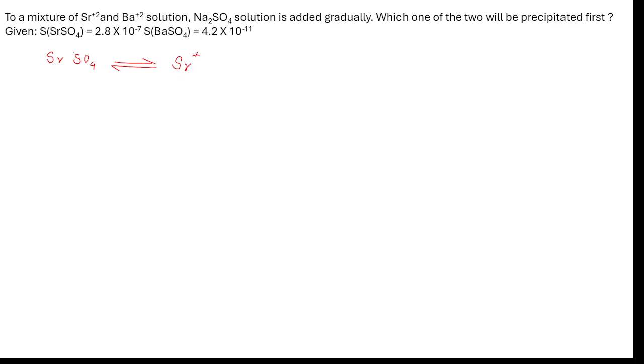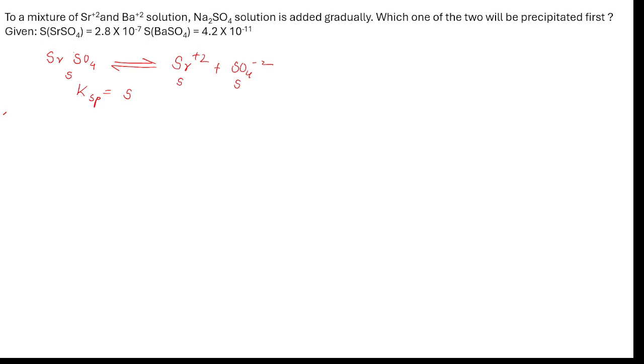So this is Sr2+ plus SO4 2-. Here we know that Ksp equals solubility. This is going to be S, this is going to be S, and this is also S. One is going to give you one strontium ion and one sulfate ion, and we already know the value of this S.